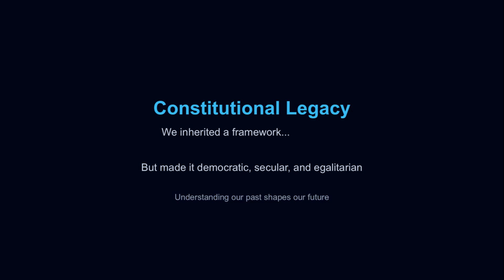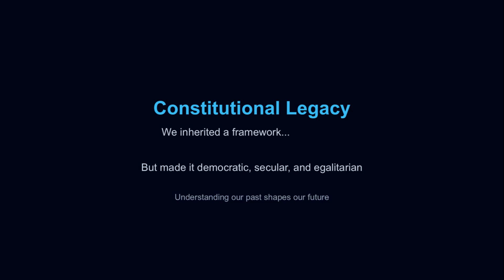Let's conclude by reflecting on what this history means. We inherited a framework. Our Constitution wasn't created in a vacuum. It evolved from 174 years of British constitutional experiments, centralization, representation, federalism, separation of powers, responsible government. Each act built on the previous one, creating an institutional foundation.